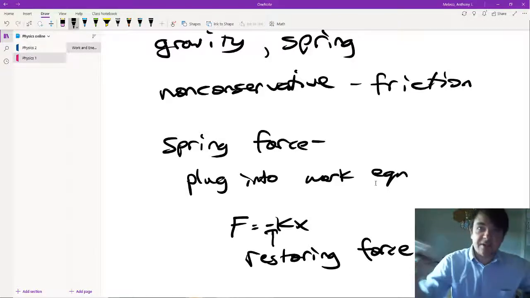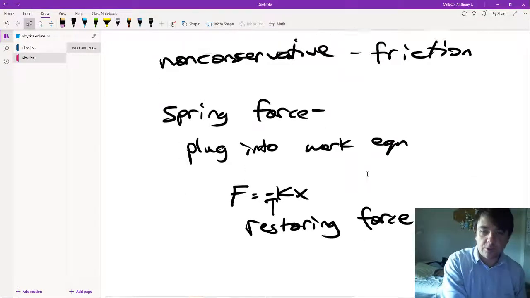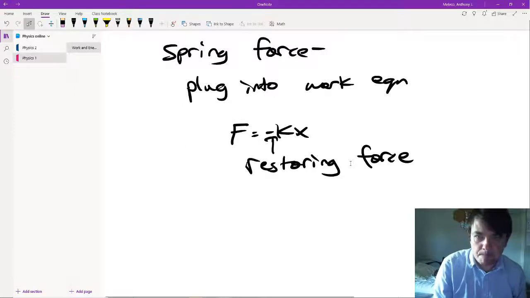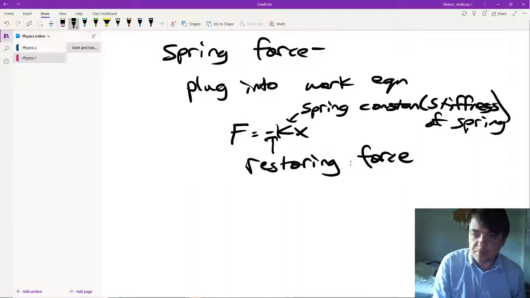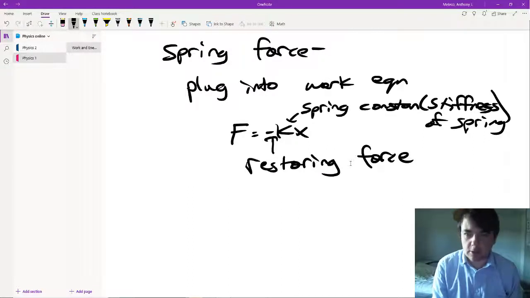The negative sign is there because it restores to its original position. The k is just the spring constant, and what the spring constant is responsible for is the stiffness of the spring. So if something's stiffer, it'll have a higher constant.